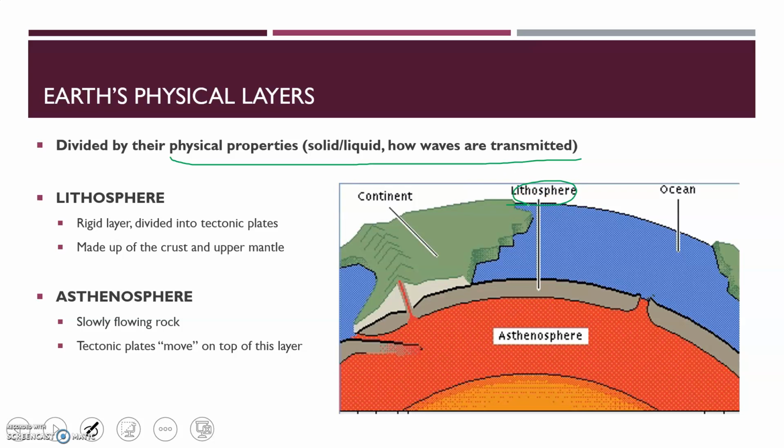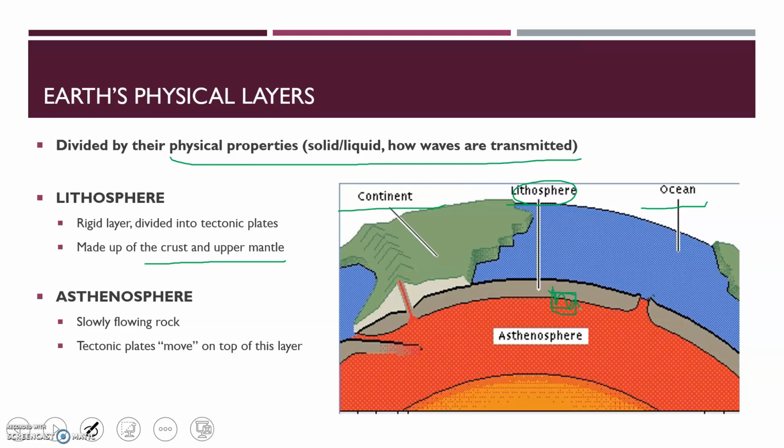Notice that it is directly underneath the crust, because this is crust and this is crust. The lithosphere is a rigid layer divided into tectonic plates, and it's made up of the crust and the upper mantle. So the very bottom part of the crust and the very top part of the mantle is technically what we're seeing when we're talking about the lithosphere, okay?